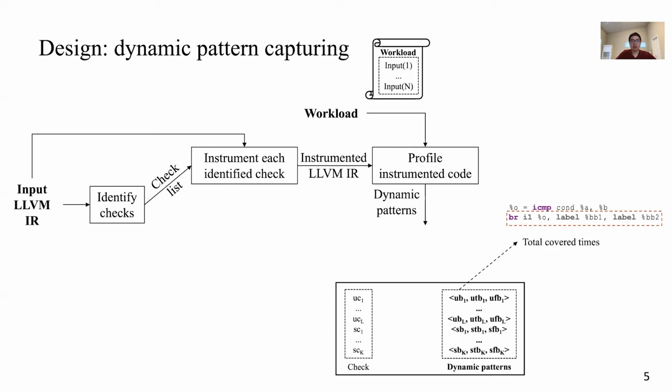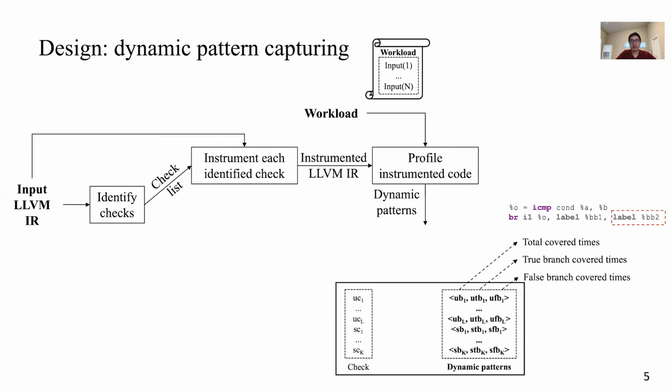Specifically, we count how many times the control flow statements, namely the BR statement, are executed. We also record how many times the true and false branches are taken by checking the 1-bit operand of the control flow statement, namely the return value of the ICMP statement.